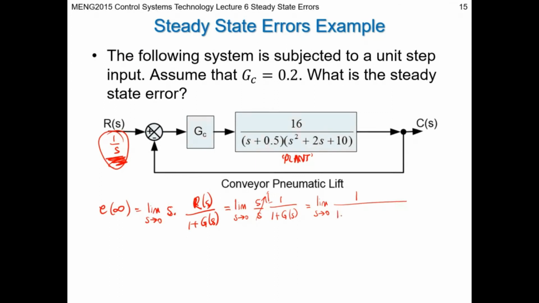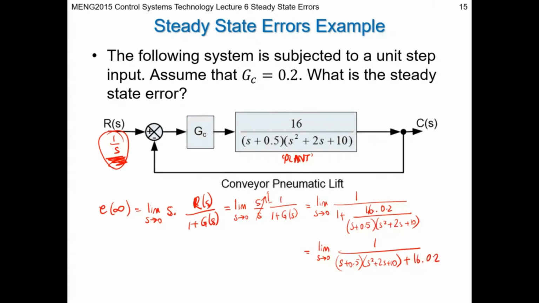1 over 1 plus our open loop, which is going to be 16 times GC, which is 0.2, over (S plus 0.5) times (S squared plus 2S plus 10). Let me just take it to one more step of simplification. (S plus 0.5) times (S squared plus 2S plus 10) plus 16 times 0.2.